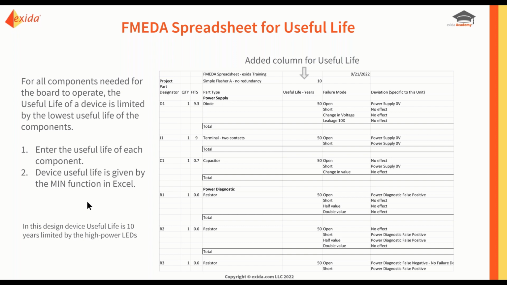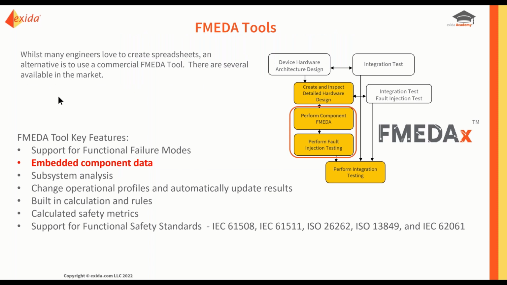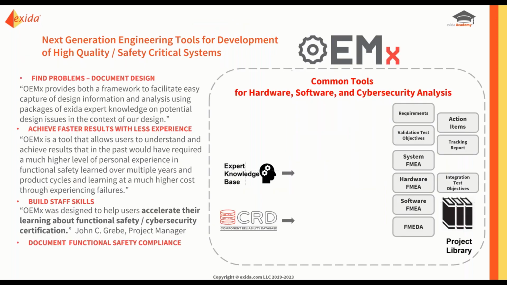Okay, it was trivial. All I had to do was add a column and type a min function. A good commercial tool would also generate the minimum useful life from an FMEDA. I think it's very important.